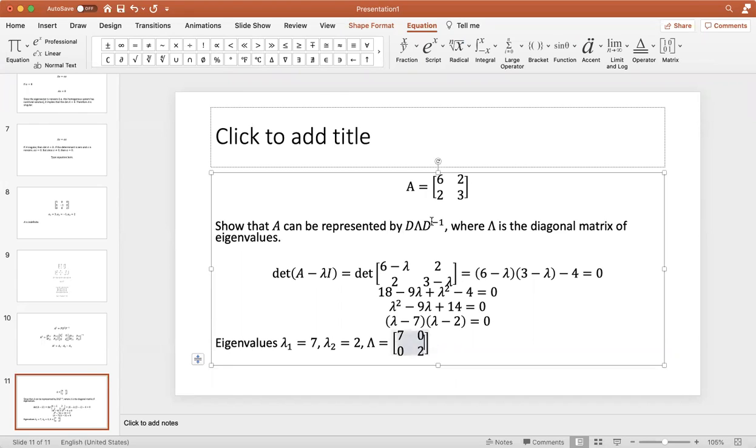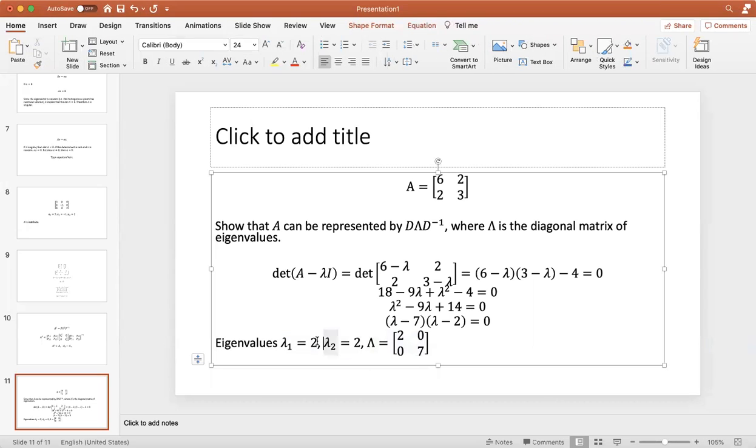So let's solve for the eigenvector, let's start off with 7. Or maybe you can just switch this now, just to be consistent with the slides earlier. So this is 2, this is 7. Let's solve for the eigenvector of lambda 1, which is 2.